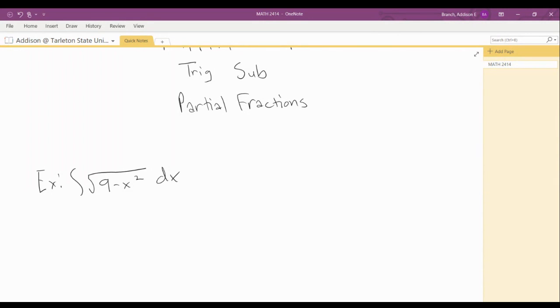We could try to do integration by parts, and let's say let our u be the 9 minus x squared to the 1/2. Our dv is dx.